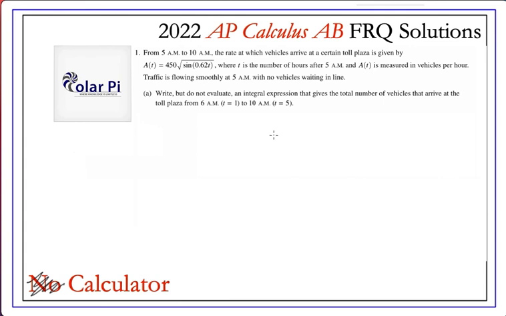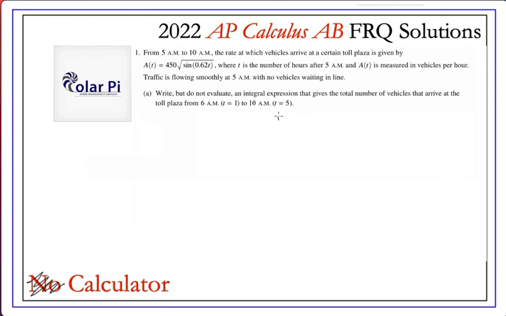So let's get to it. Do not evaluate an integral expression that gives the total number of vehicles that arrive at the toll plaza. You read it, so I'm not going to read the rest of them. So A of t is supposed to be what? The rate at which vehicles arrive. That's A of t.